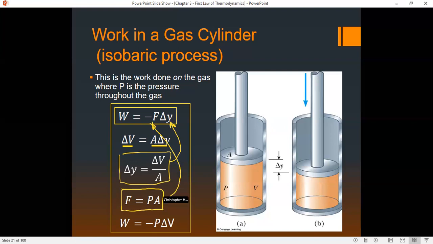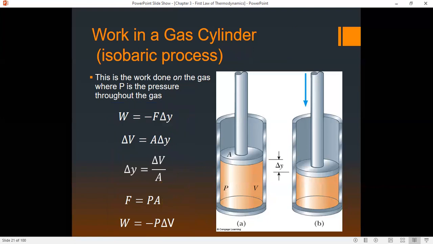And just like before, our expression for work now becomes negative. F is PA. Delta Y is delta V over A. The A's cancel out, and we get work equals negative P delta V. All right?